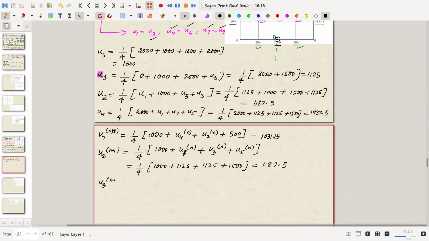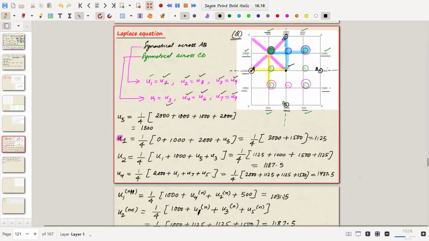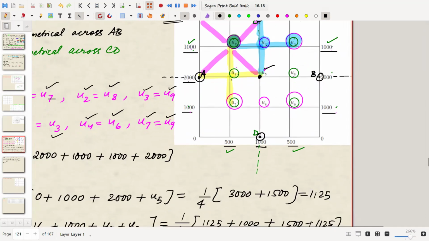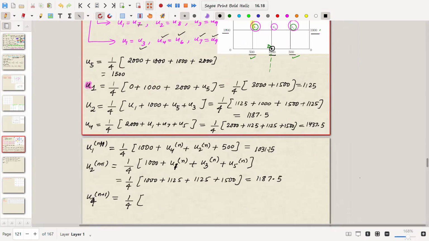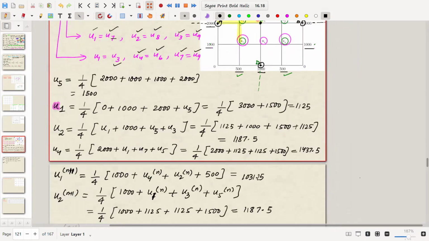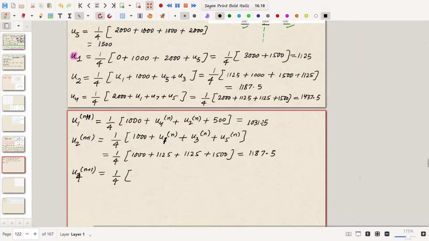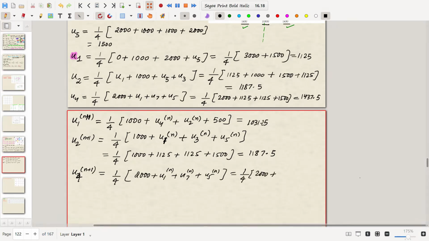What should be U3? U1 is equal to U3, so you don't have to compute. What else do you have to compute? U4 of n plus 1, 1 by 4 of U1, U7, U5, and 2000. At the n step, what should be the value? 1 by 4 of 2000 plus U1n.